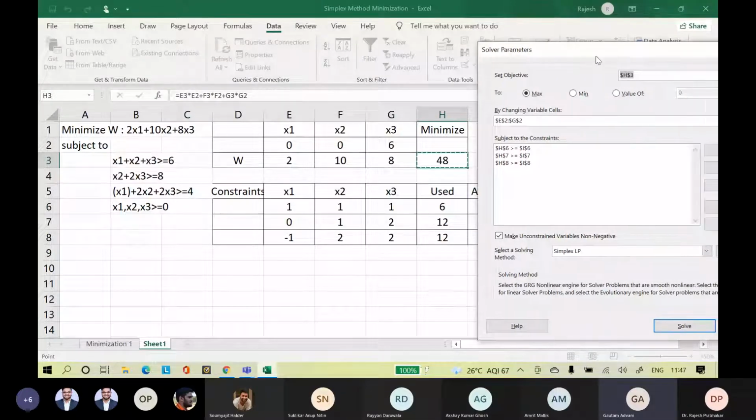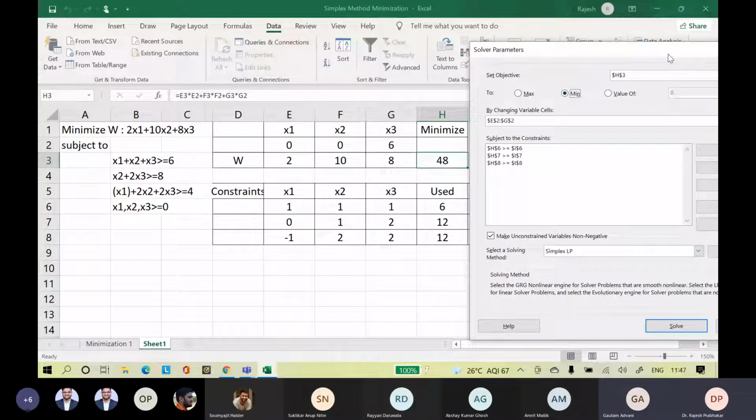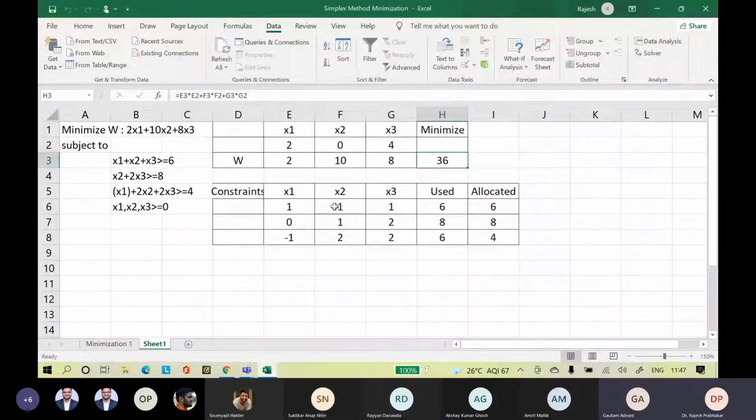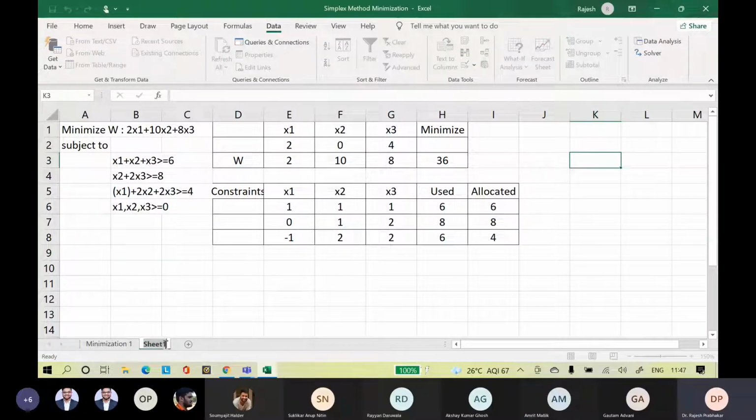Sir, you have to select minimum over there. Oh, in the minimization. That's the problem. That is why it gave an error. Yeah, 204 and 36. So I forgot to select minimization.